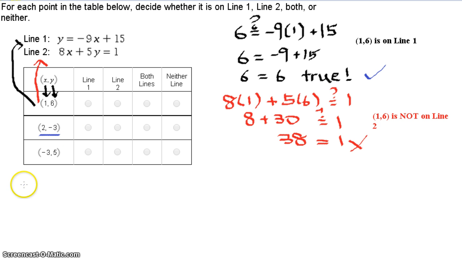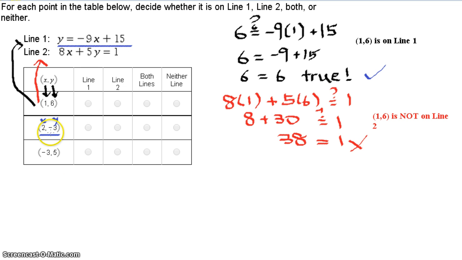Okay, (2, -3). I'm going to show my working down here. So my line 1 equation, let me put it down. In this case, my x is 2, my y is -3. Let me test with line 1 first. For line 1, I have y is equal to -9x plus 15.